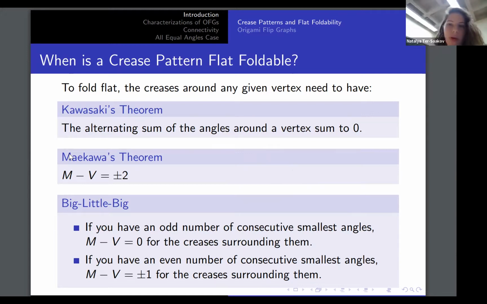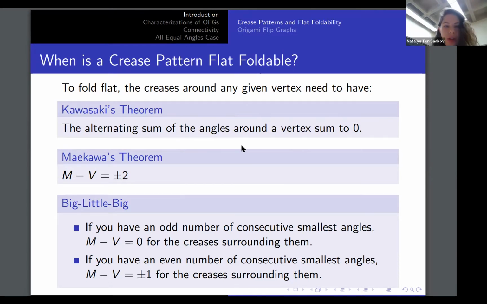Maekawa's also has been around for pretty much as long as this field has been around. There have been newer, nicer proofs than the originals. I know a proof by Tom Hull for both Kawasaki and Maekawa. Thank you. Big Little Big is a little bit newer, but not by much.